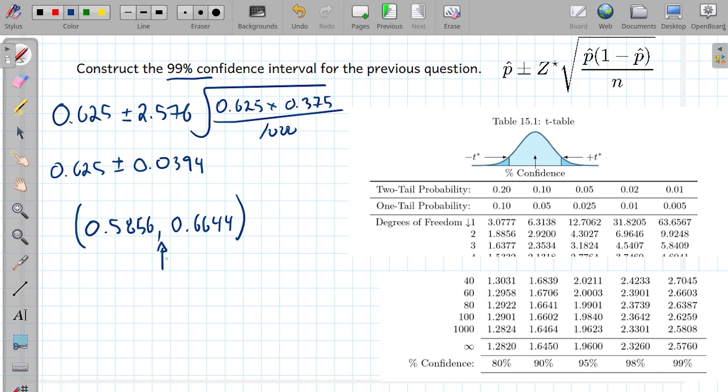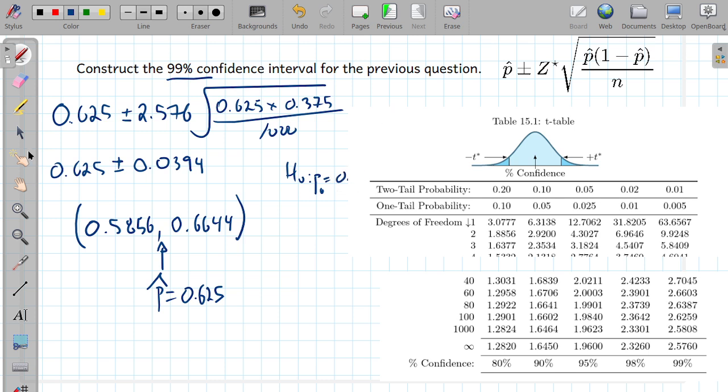But we also have a fail. No, I'm sorry, I messed that up. This is not a pass, this is a fail. So we know that p hat is in here. P hat is 0.625, 62.5%. But remember, the H null value is that P null is equal to 0.66. Whoops, it's hiding under that.